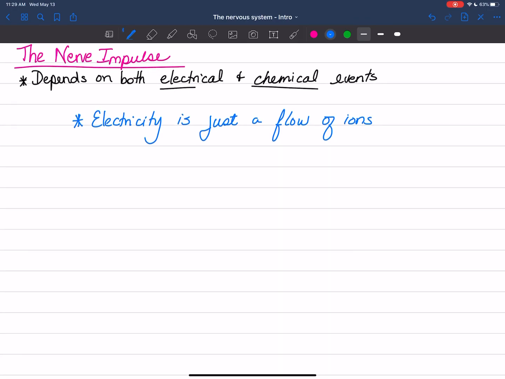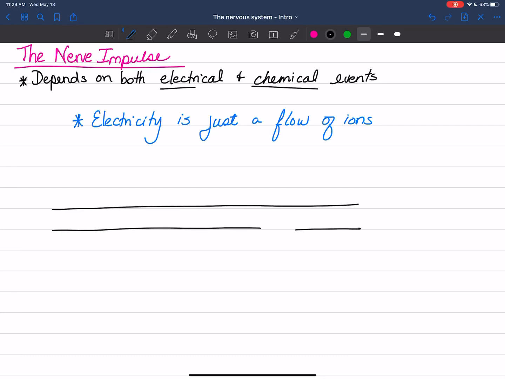Okay, so here we have an axon membrane. Actually, I'm just going to erase that. There we go. So we have an axon membrane, and we're going to label it. This is the outside of the axon. This is the inside of the axon. This is the axon, I'm just going to write here axon. It's flooded with different chemicals.